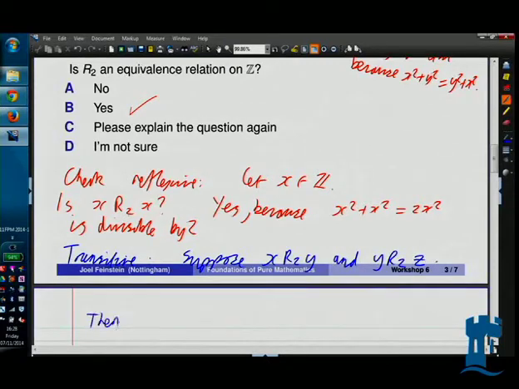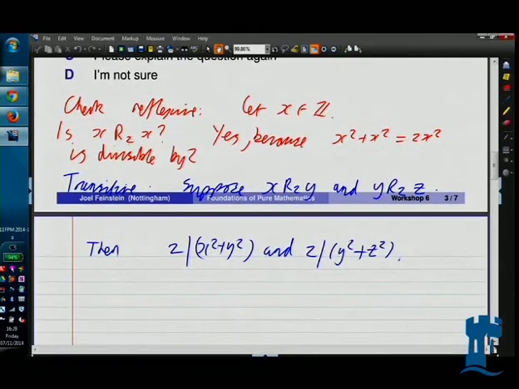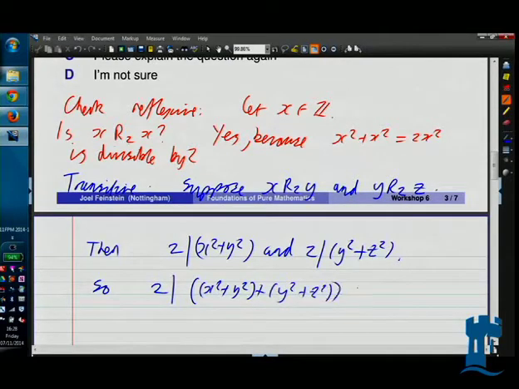Then 2 divides x squared plus y squared, and 2 divides y squared plus z squared. Now if you add two even numbers, you get an even number, so I can add those two. So 2 divides x squared plus y squared plus y squared plus z squared, which is equal to x squared plus z squared plus 2y squared.